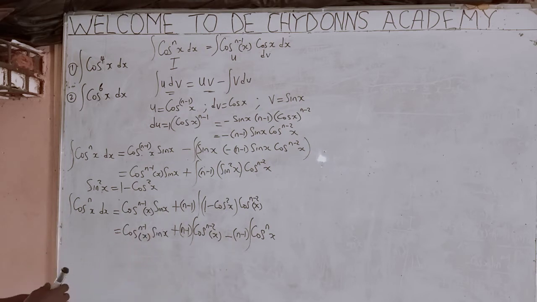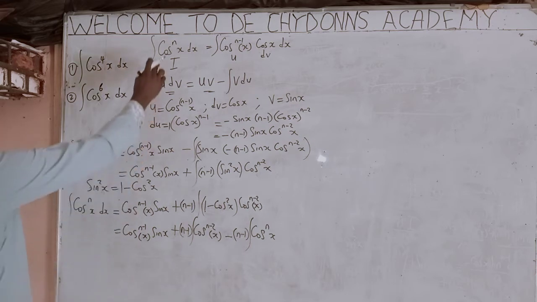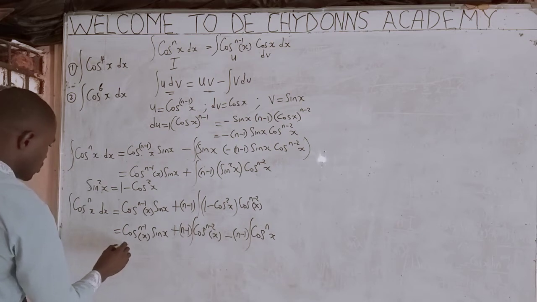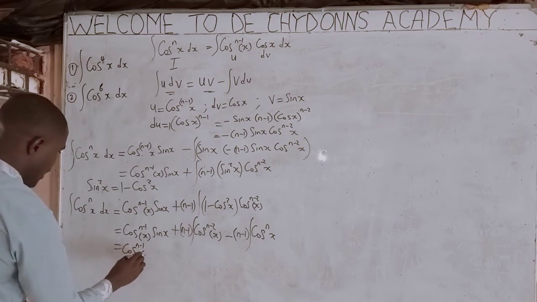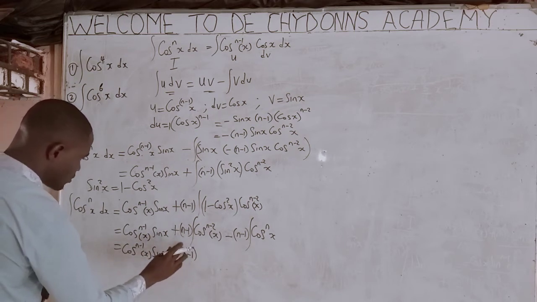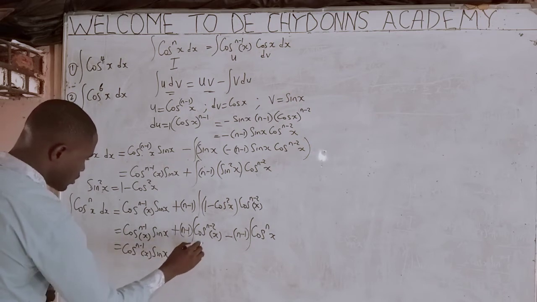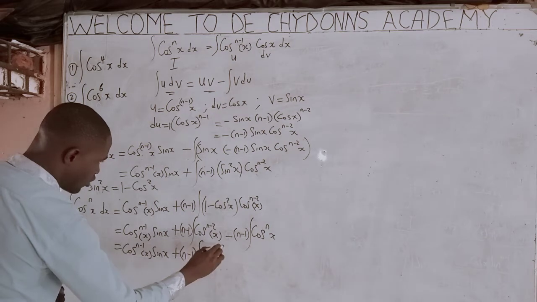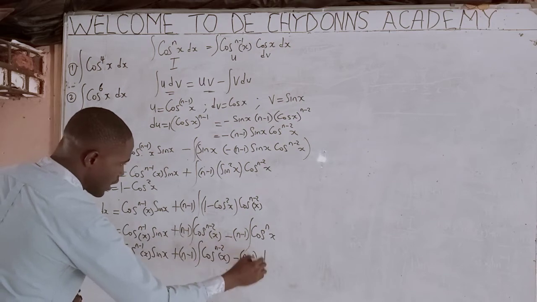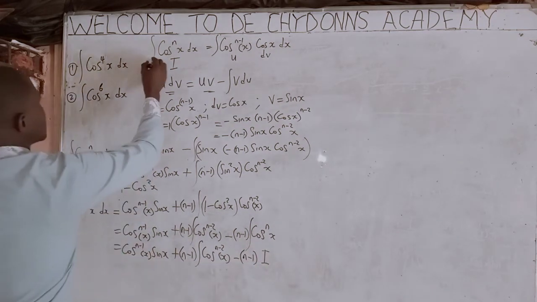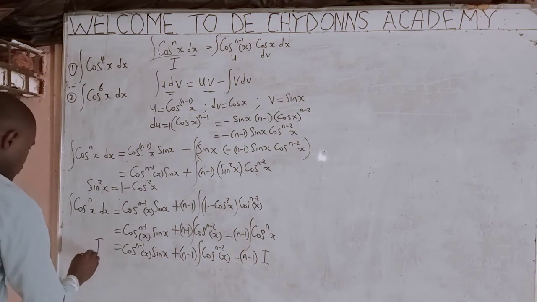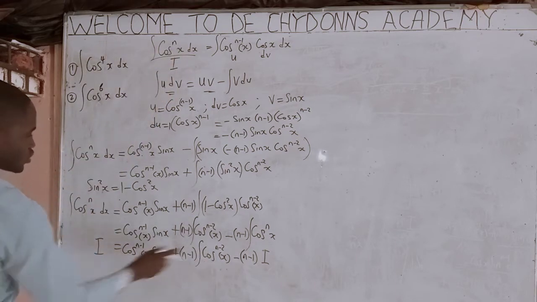You now say, remember that we said let cos x power n x be I. That means this is equal to cos n minus 1 x sin x plus n minus 1 integration of cos n minus 2 x minus n minus 1 I. So everything here is our I. So we say let this be I equals to this.